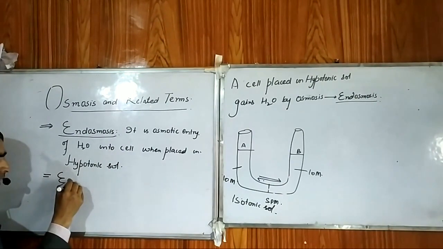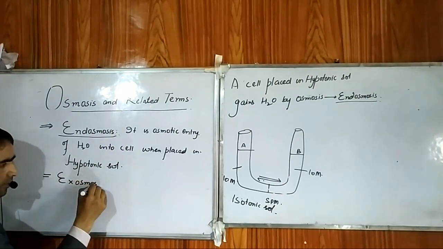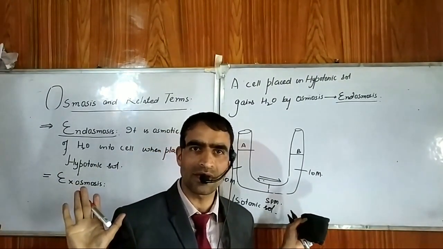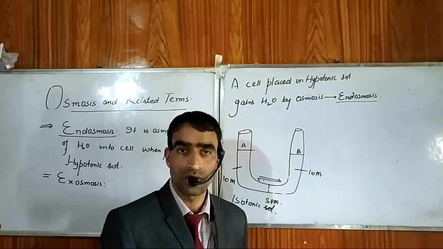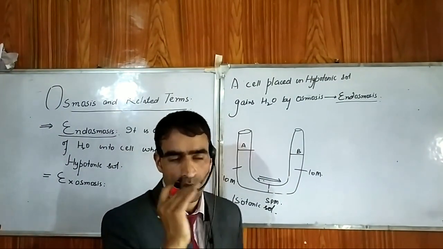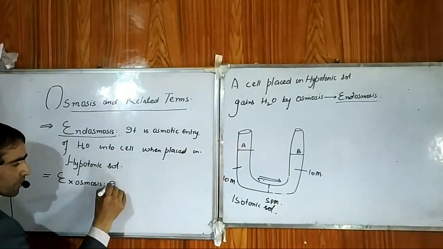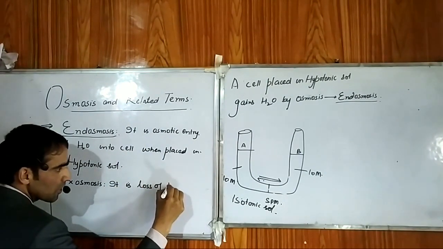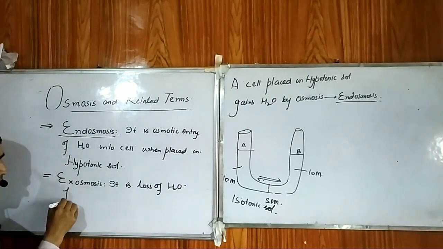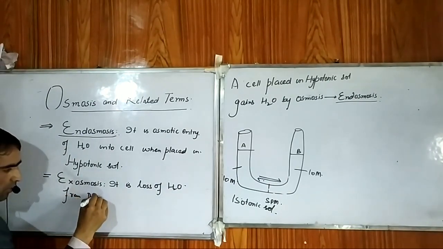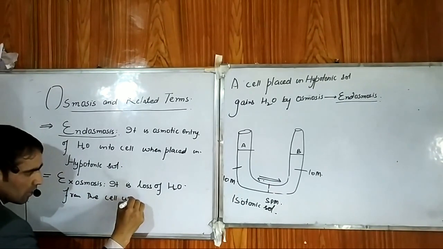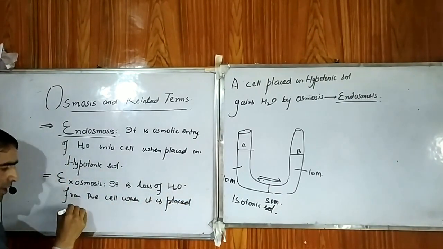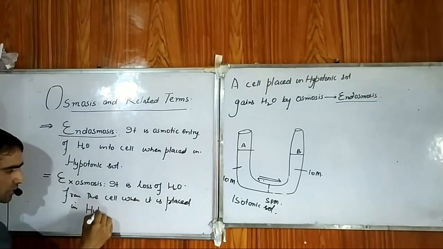Second, exosmosis. जाहिर सी बात है, whenever there will be loss of water from this cell towards another solution, we will say that it occurs in hypertonic solution. It is loss of water, withdrawal of water from the cell when it's placed in hypertonic solution.